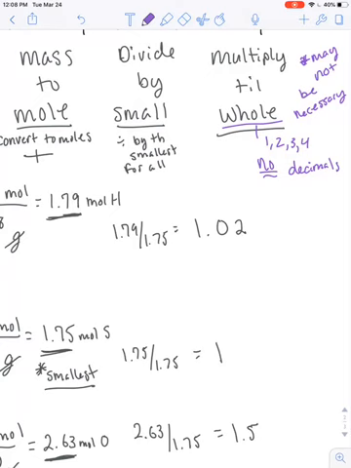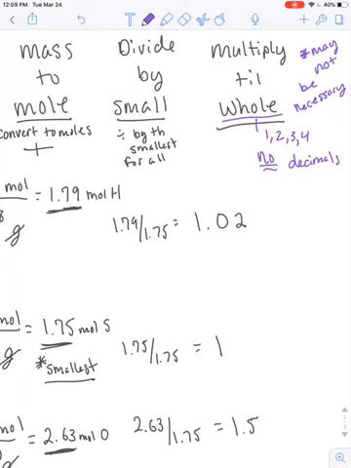It's possible that you could already have whole numbers. And I also want to note that if it's close enough to a whole number, we can round that off. 1.02, that's really, really close to 1. That is pretty much the same thing as saying 1.